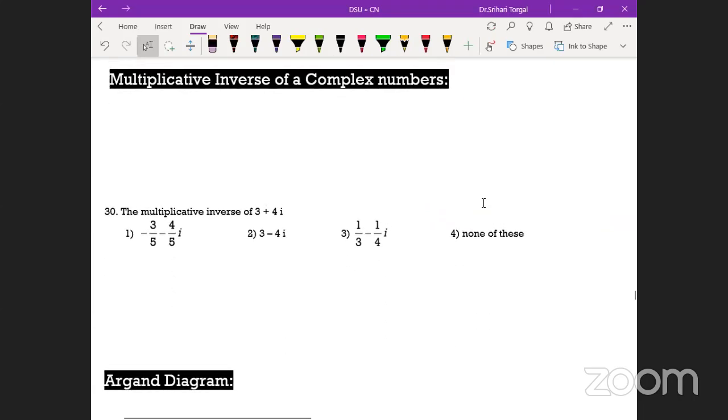Multiplicative inverse of a complex number. Discuss this question. How to calculate multiplicative inverse? Here, if I have 5 here, to get 5, what do I have to write inside the bracket? 0, right? So 0 is called additive identity.